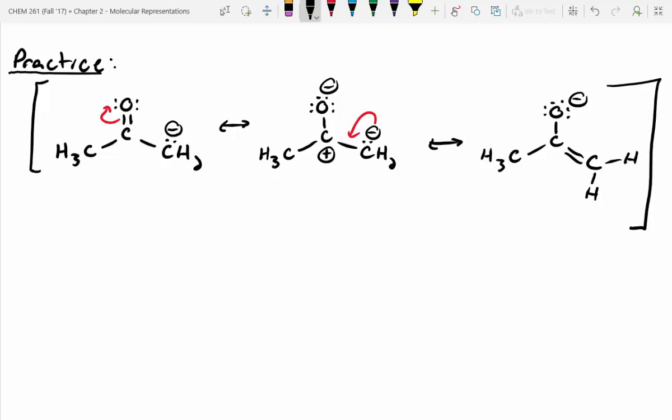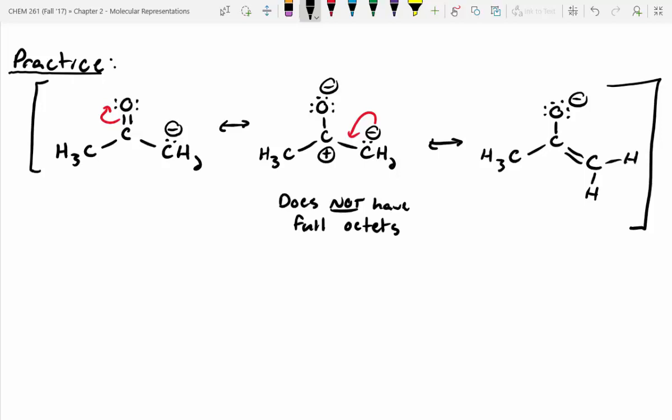All right, so looking at these, first thing we look for are full octets. Do any of these structures have atoms without full octets? The middle one. Yeah, if you look at the middle one, it does not have full octets. That means it's got to be a minor contributor. What else is going on with this one that's less than desirable?